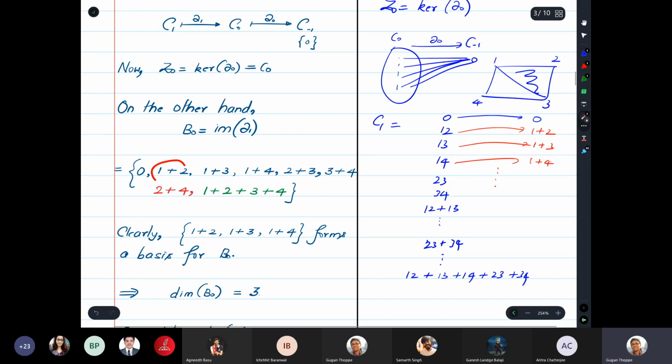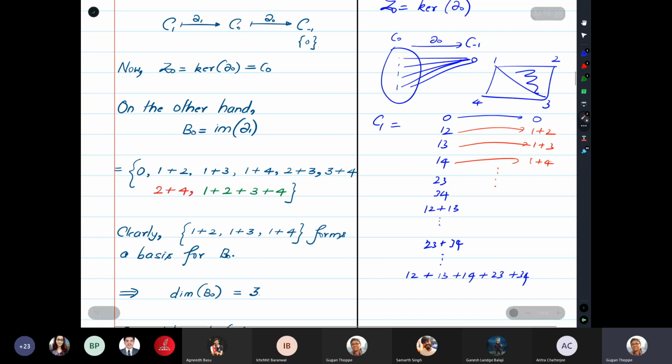So we have 1 plus 2, 1 plus 3, 1 plus 4, 2 plus 3 and 3 plus 4. These 0 chains correspond to the boundaries of the 5 edges. If you take any of these 5 edges, the one chain corresponding to that, and apply ∂1 to it, you end up with one of these 5 0 chains.